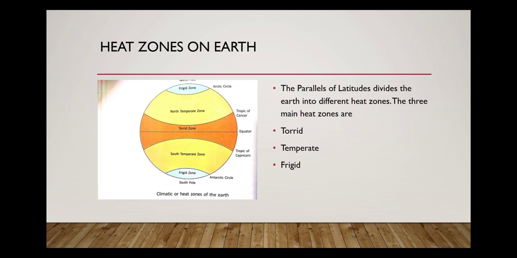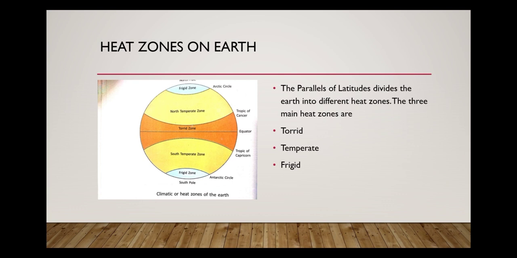Children, we can divide the earth into three different heat zones depending upon the rays of the sun falling on these particular zones. The main three types of heat zones are the torrid zone, that is near the equator, the temperate zone, the yellow portion in the diagram, and the frigid zone.